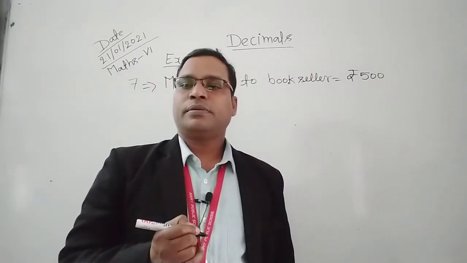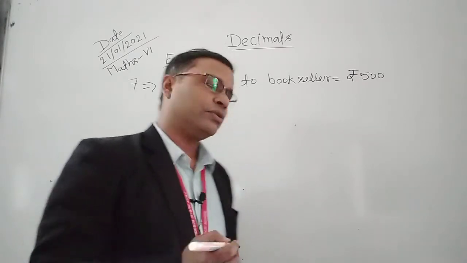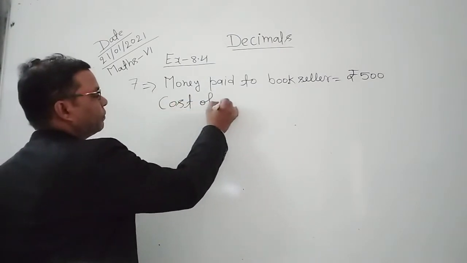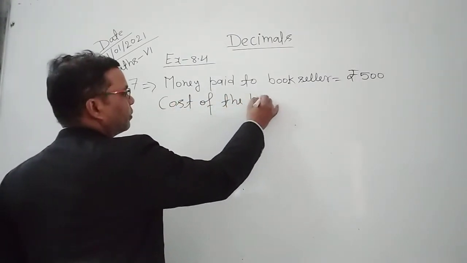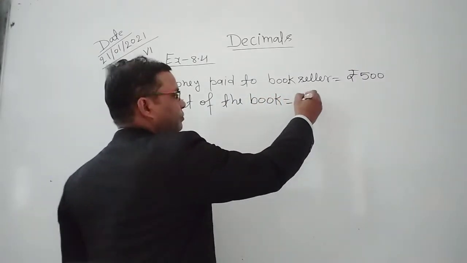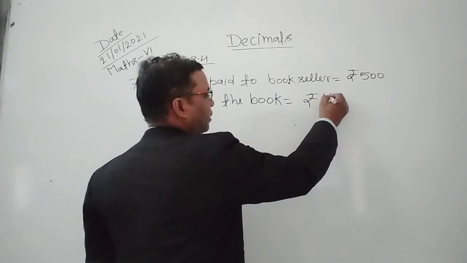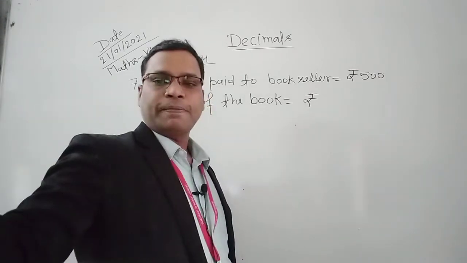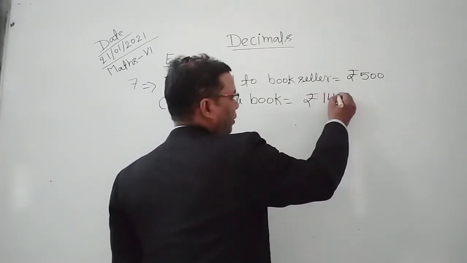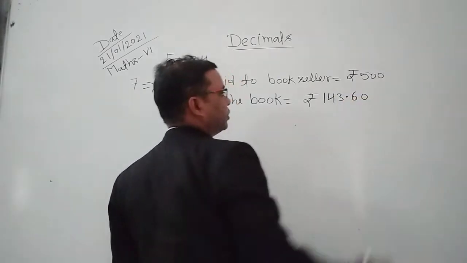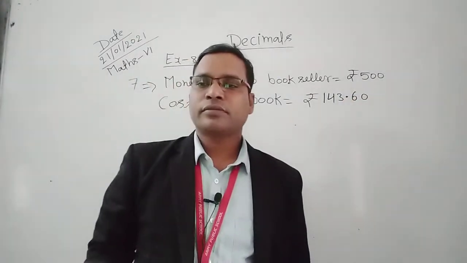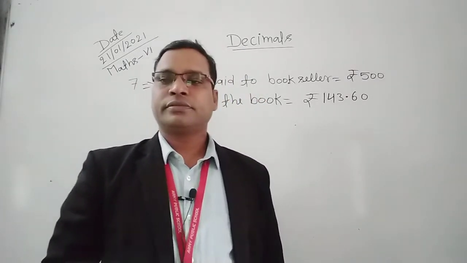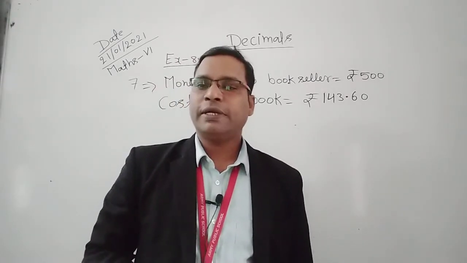Now the cost of the book. The cost of the book is equal to what? This is given, rupees 143.60. Okay. Now we need to find the balance received by Rashmi.